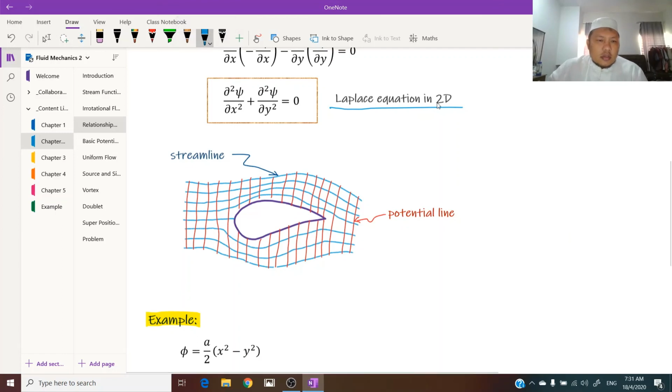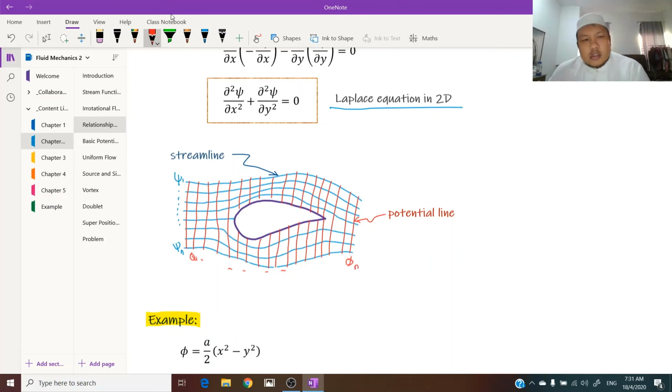Okay. We have constant streamlines, let's say psi 1, up to psi n here, and then similarly we have phi 1 till phi n.